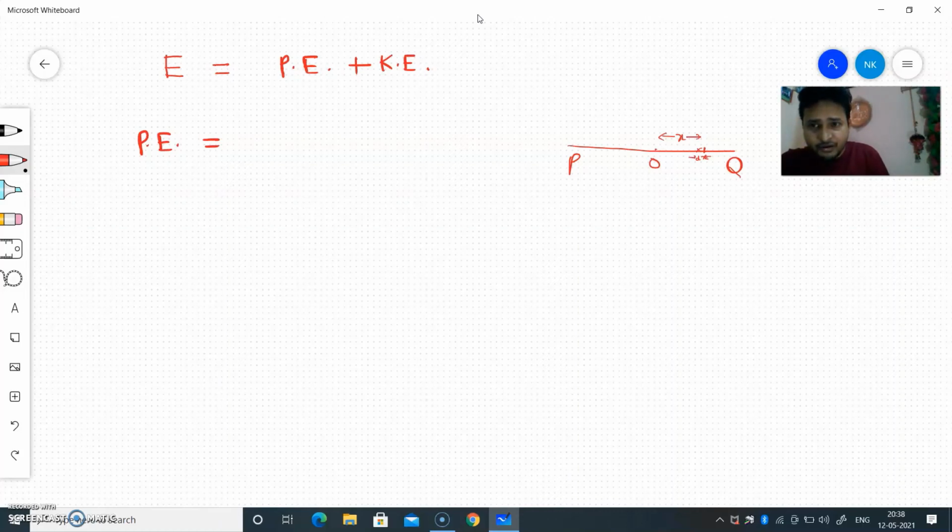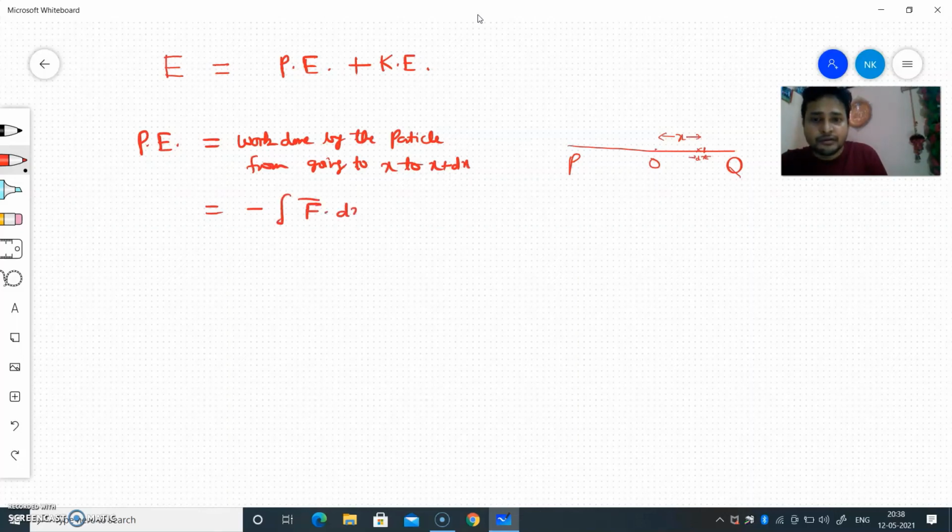The potential energy in moving this particle from x to x plus dx is the work done, and this will be minus the integral of F dot dx.